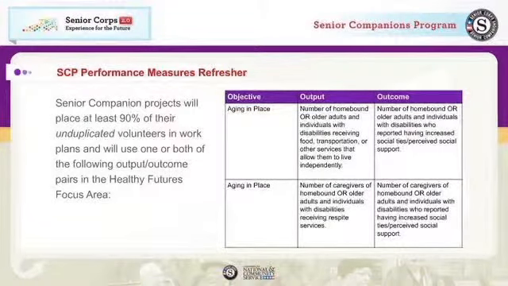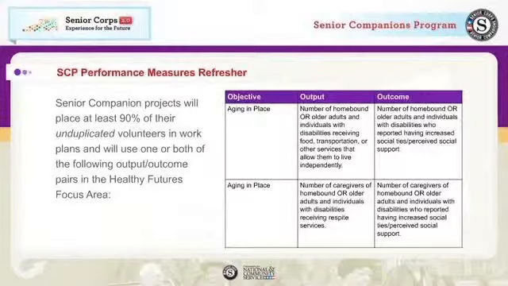So we've got the independent living measures. We have an output focusing on the number of people that you're serving, and the people we're talking about are homebound or older adults, individuals with disabilities, who are receiving food, transportation, or other services. Then we've got the number of those people that you're serving who are doing better, who are reporting having increased social ties and perceived social support.